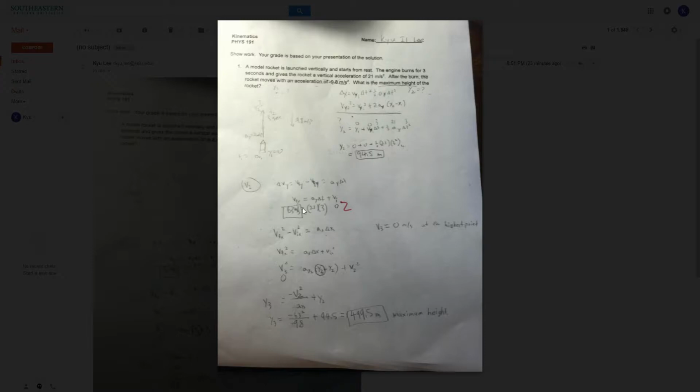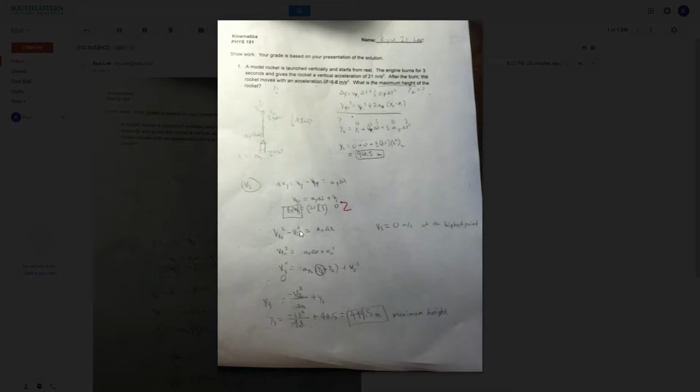So the velocity of y2 is 21 meters per second squared times 3 seconds, because when you add the initial y velocity to both sides, it doesn't do anything because it's 0.